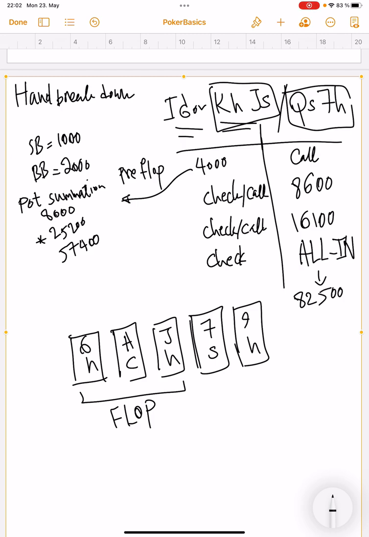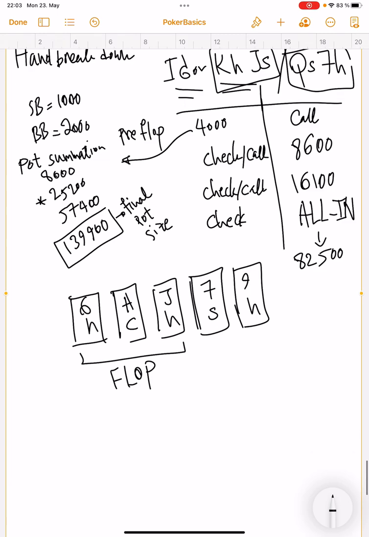So with this 82,500, the pot is 139,900. So this is now the final pot size.